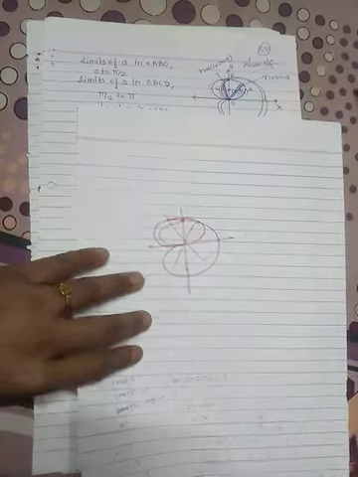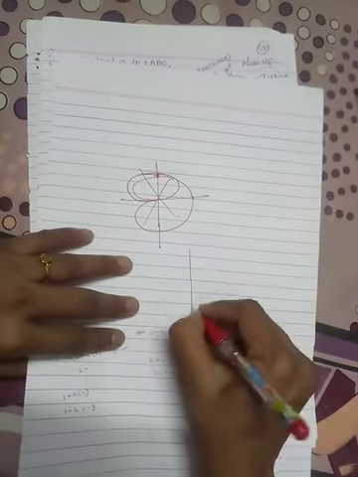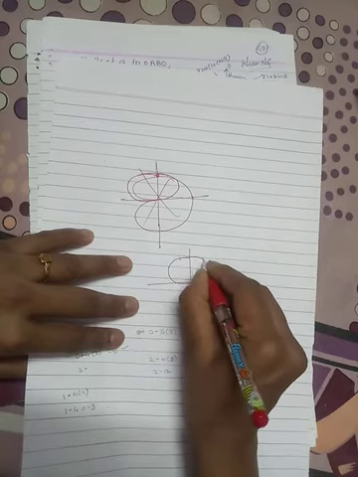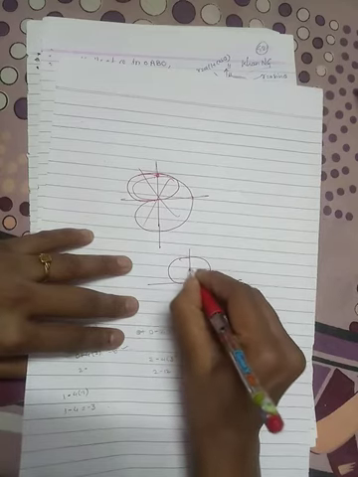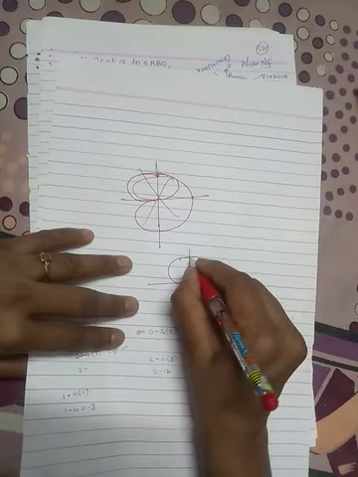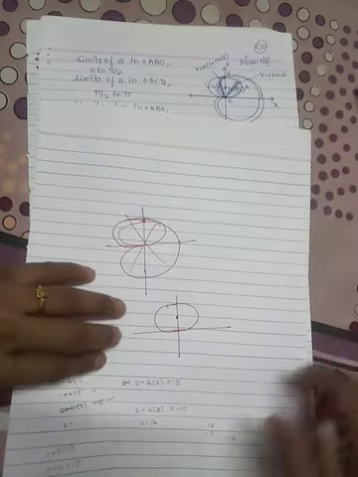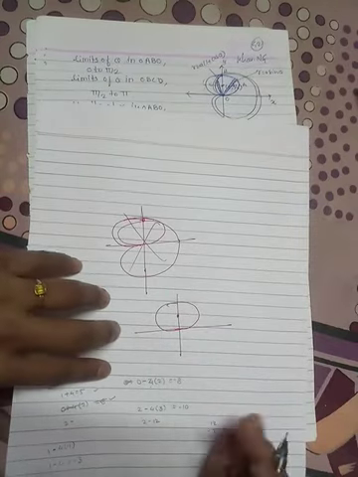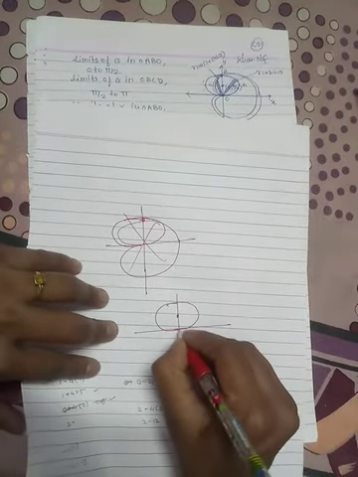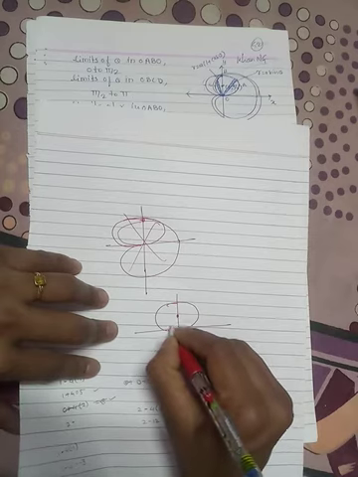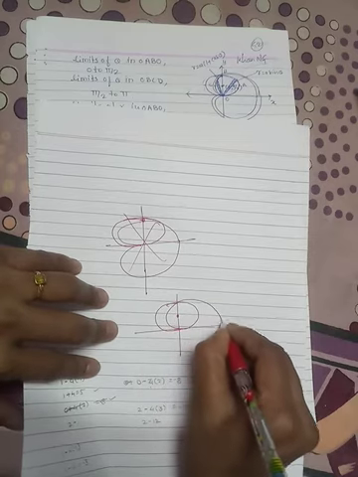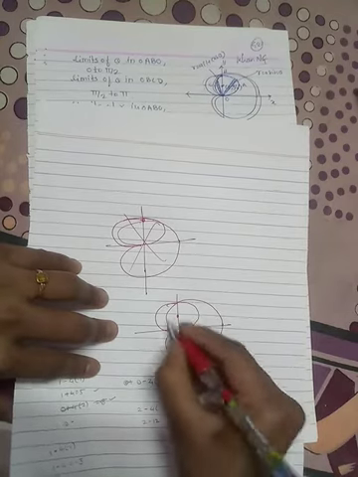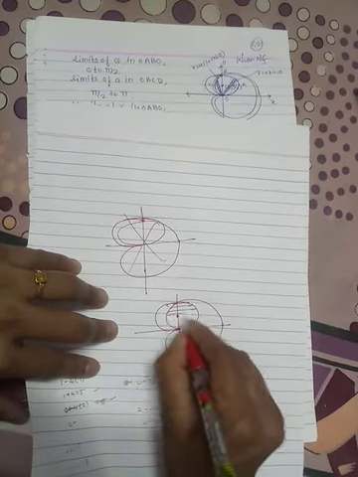Actually, the intersecting point is here. So you can draw that circle first, and this is your circle, and then draw that cardioid. So it is better to draw it to select the common area. So this is your common area.